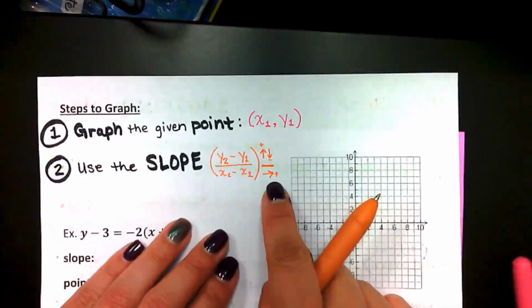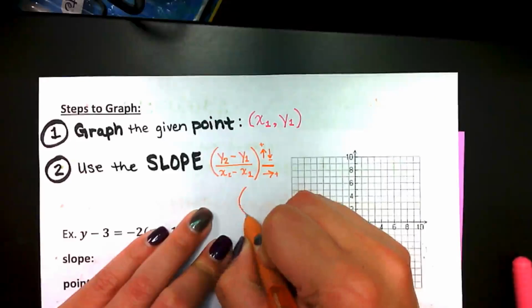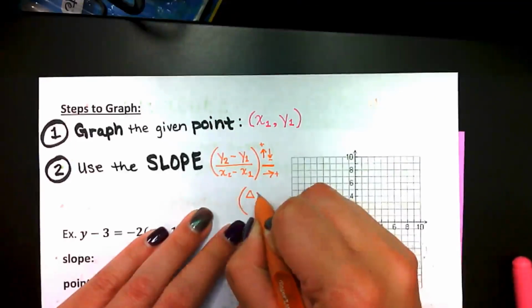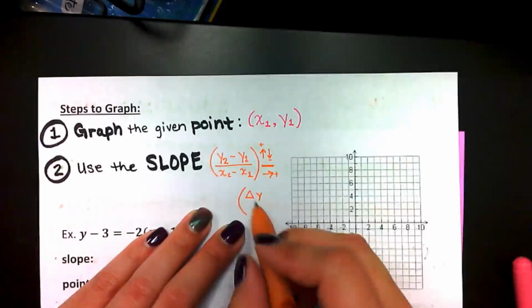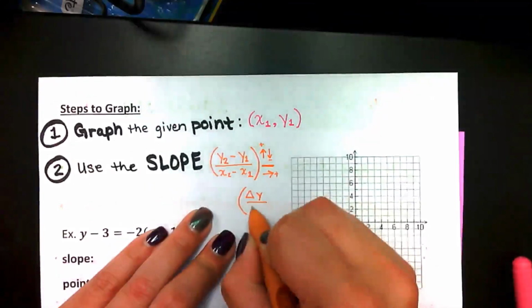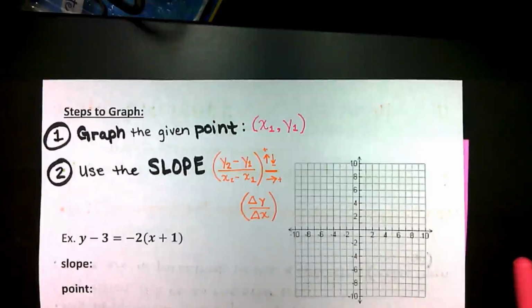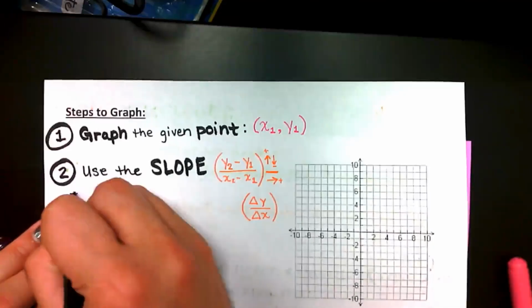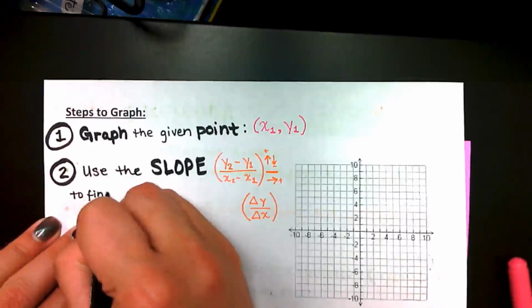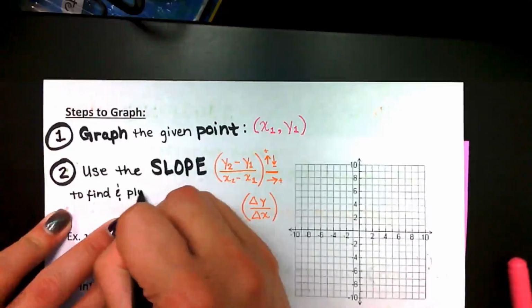Another way you could think of this would also be the change in Y. It's changing because we're finding the difference, or delta Y over delta X. All right. Now, we find the slope, and just like before, we use the slope to find and plot more points.